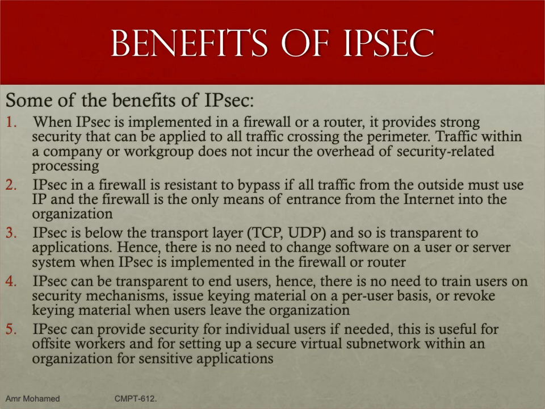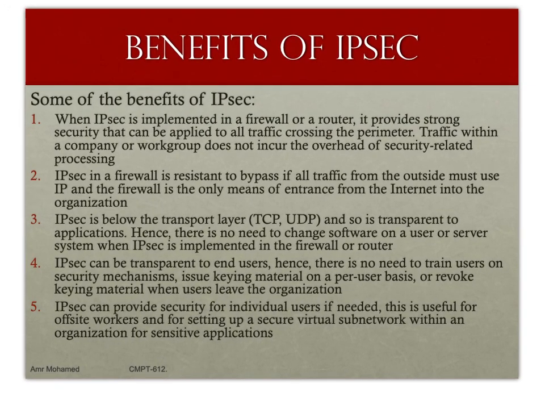So, some of the benefits of IPsec. When IPsec is implemented in a firewall or a router, it provides strong security that can be applied to all traffic crossing this perimeter, while it actually distinguishes that traffic. So it's not traffic agnostic in that case. It can distinguish and categorize that traffic. Traffic within a company or work group does not incur overhead for security-related processing.